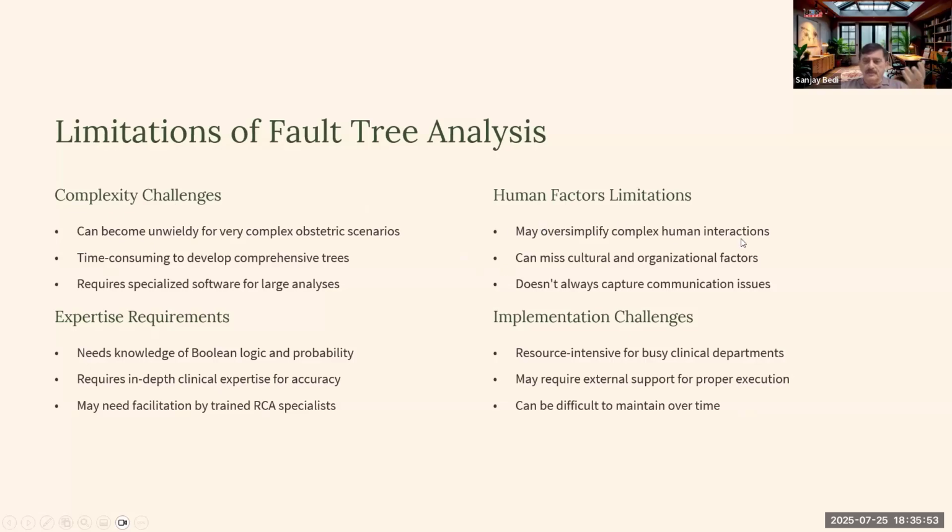The human factors, it may oversimplify the complex human interactions, and the cultural and organizational factors can be troublesome. They could be different in different institutions, and the communication issues are sometimes not picked up, and thus the implementation challenges are also there, because the resource intensive or busy clinical departments may require external support.